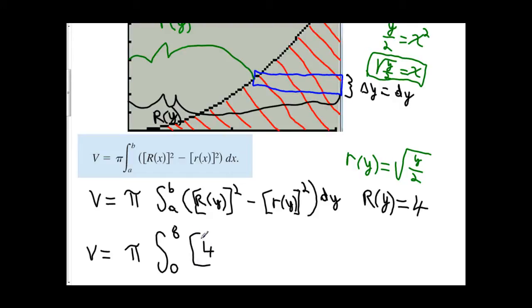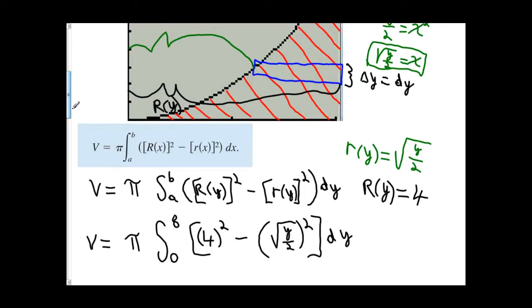So I'm going to get here 4 squared, and then minus the lowercase r of y. Well, the lowercase r of y is the square root of y over 2, squared. And then I'm integrating this with respect to y. So there I have the integral that I have to evaluate in order to get the volume of this region.